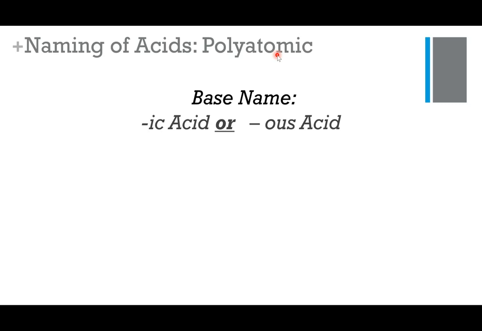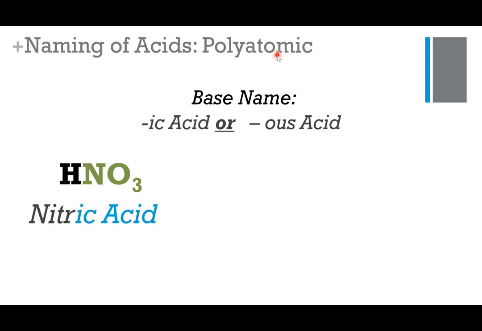Which ending do we use? It depends on which polyatomic we have. Here we see hydrogen attached to nitrate. Any of the ates will be classified as an ic acid. So the name of this one would be nitric acid. Here we see nitrite attached to a hydrogen.